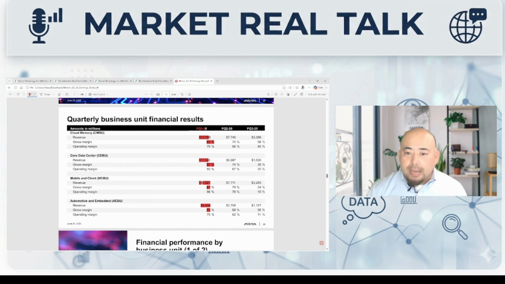Same thing going down, okay? We've got the growth is just tremendous. The core data center, look at that, almost 11 times, 10, oh, definitely over, just incredible, okay? 87%, okay, grew from 38%. That's just insane for the gross margin right there. And then, of course, mobile client stuff, right, from 3 to 11, from 1 to 4.6.